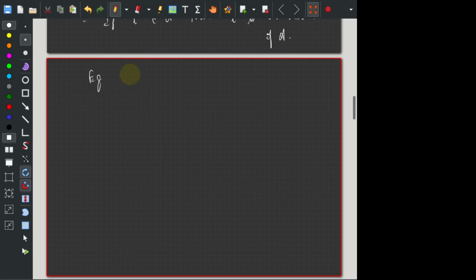So you take the set of all rational numbers. So my space is the set of all rational numbers at this point. Take A, a subset of the rational numbers, and A is defined as the set of all rational numbers x such that x squared is less than 2.